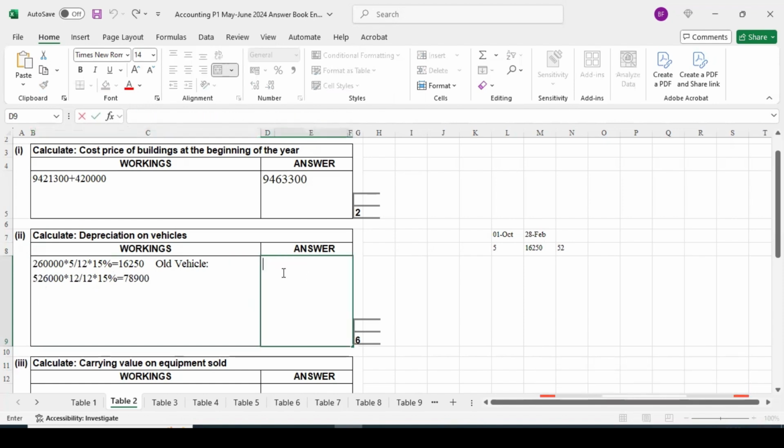So our depreciation for the year, we're going to say depreciation for the new vehicle, which is 16,250, plus depreciation for the old vehicle, which is 78,900. It should give us 95,150.